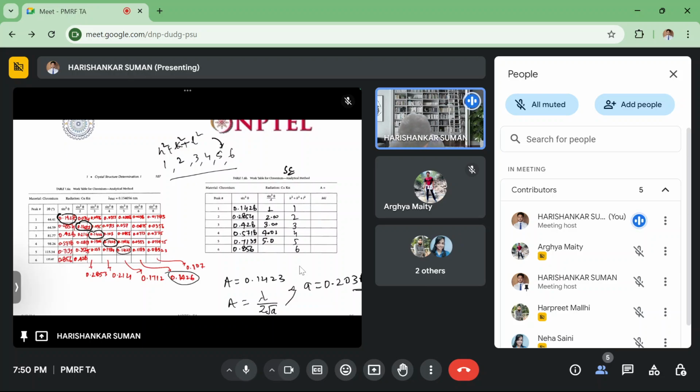Last, 0.856 divided by 0.1423. So this is maybe HKL 100.